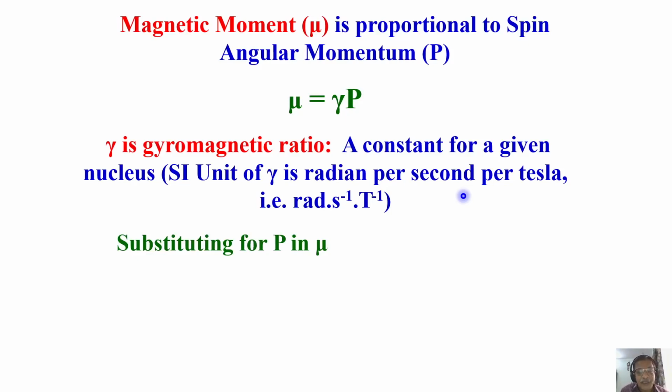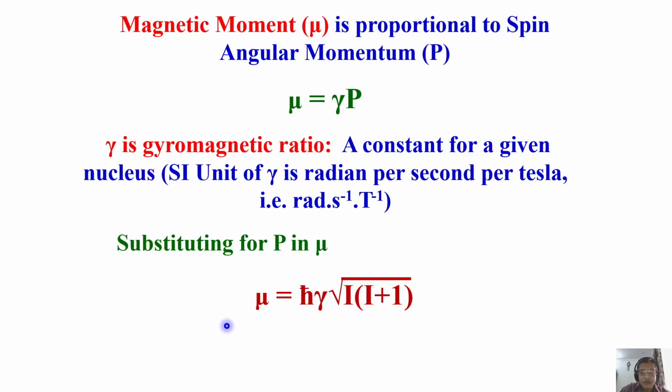Now we knew what P is. P is equal to h cross into root of I into I plus 1. Remember, in the very first slide, when I introduced angular momentum P, I worked out that P is equal to h cross into root of I into I plus 1. Substitute for that P in this equation.